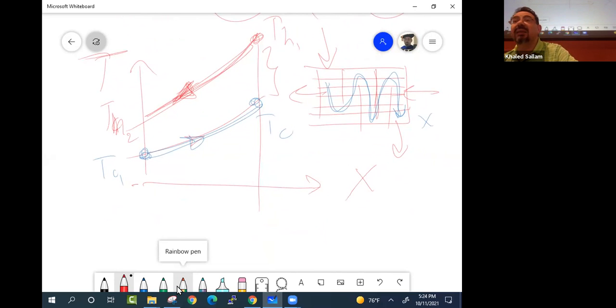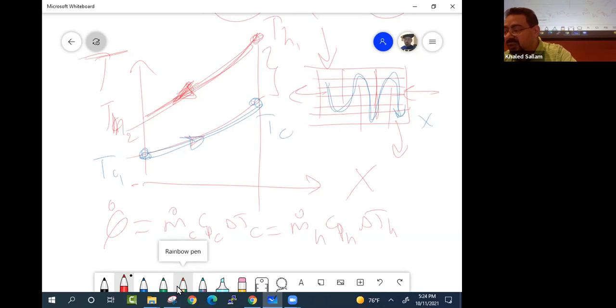If it's the same difference, if it's almost a 10-degree difference between the hot and the cold, then that makes our job easy. But sometimes it's not the same. And so we wrote two equations, right? We wrote Q equals m dot C_p cold delta T cold equal to m dot hot C_p hot delta T hot.